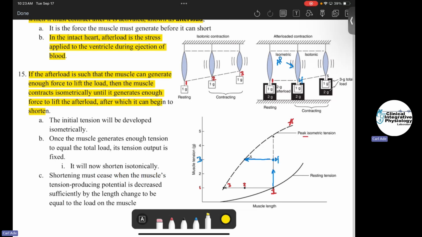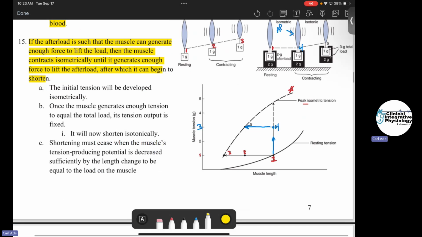That's what's happening in here. So initially, tension developed isometrically. That's my point A. Point B, muscle generates enough tension to equal that load. Now the tension output is fixed and it shortens isotonically. And then once it's generated enough force to change the length, that's what we get, the shortening.